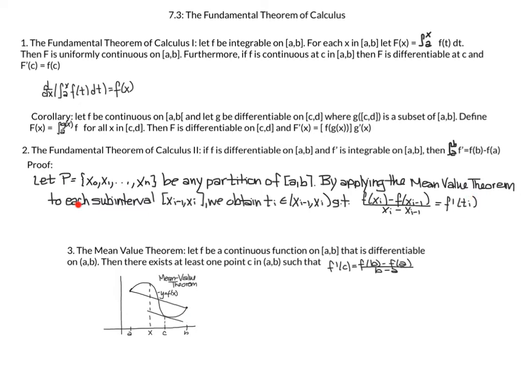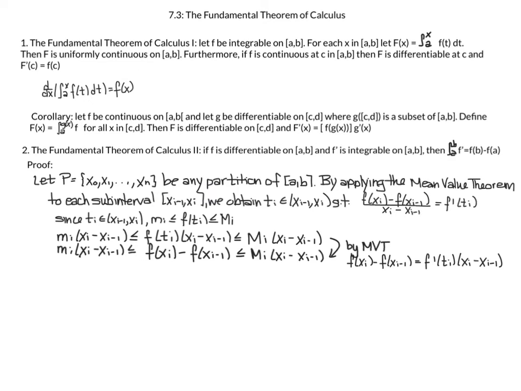Applying that here to our partition, for each subinterval x sub i minus 1 to x sub i, we can obtain some point t sub i in the interval such that the derivative of f evaluated at t sub i is equal to f of x i minus f of x i minus 1 over x i minus x i minus 1. So we're looking for the points t sub i such that the slope of f at t sub i is equal to the slope between the two endpoints of the interval.